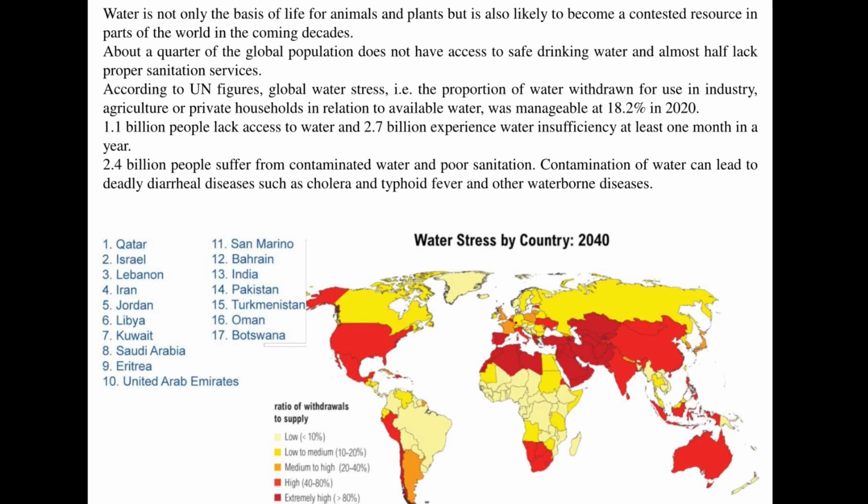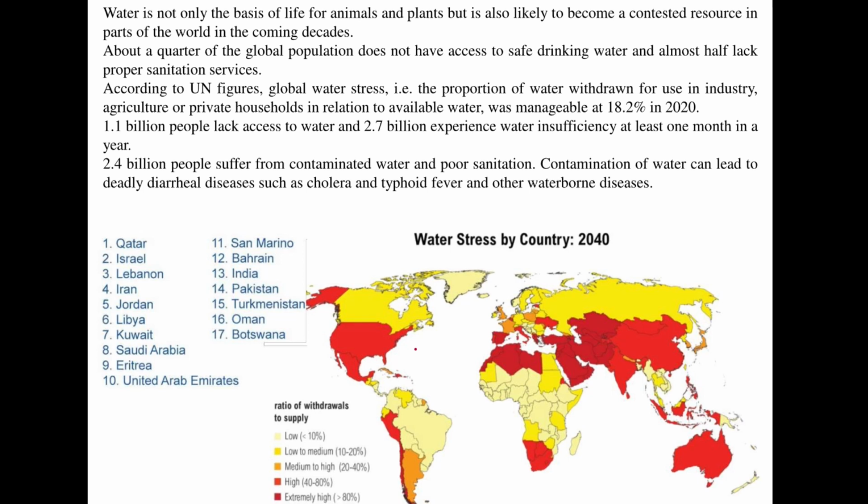They have a high stress of water in coming years. There are a lot of problems they are facing. According to UN reports, 1.2 billion people lack access to water every month, and 2.4 billion people suffer from contaminated water.